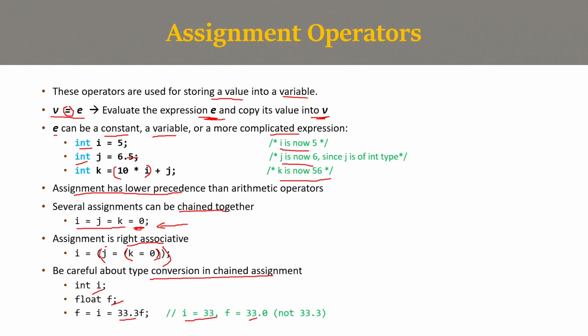Since f is a float value, it will be 33.0, but it will not be 33.3. Since I'm assigning the value 33 to f, f will automatically be 33.0. So we need to be careful. If we wanted it to keep the decimal, the order should have been f here and i here. Then f would have been 33.3 and i would have been 33.